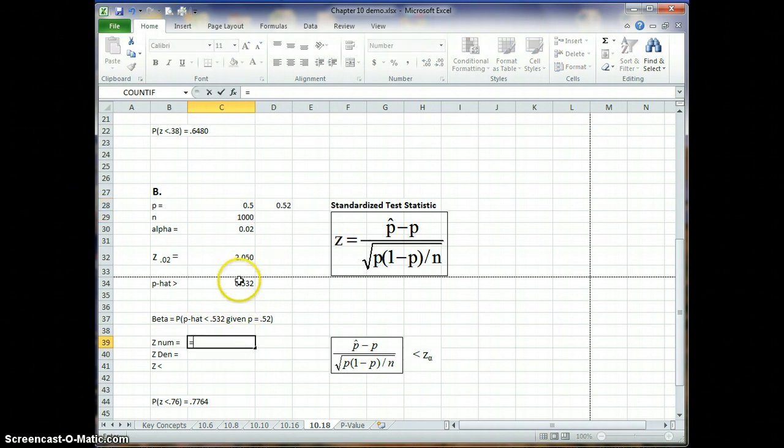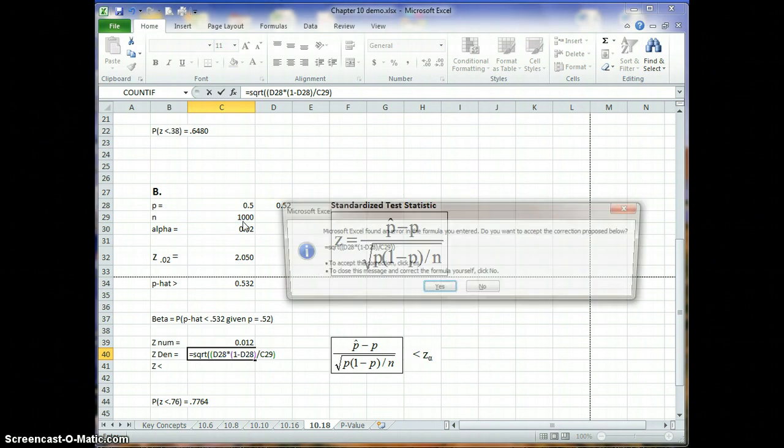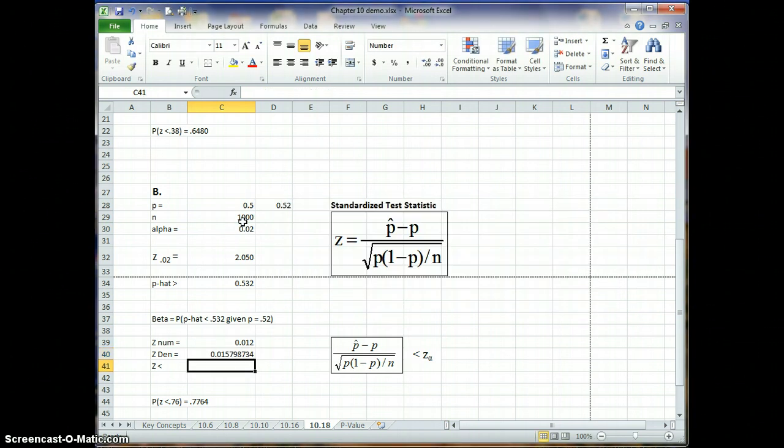So p-hat minus p gives us 0.012, and then the denominator is equal to the square root of p times 1 minus p divided by n of 1,000, and if we reduce the number of decimals showing, that gives us 0.0158.